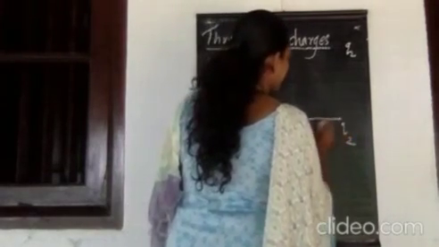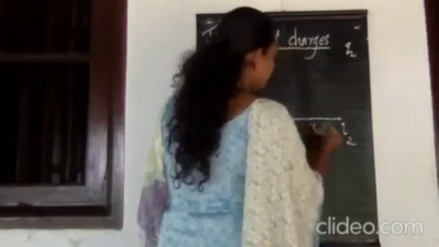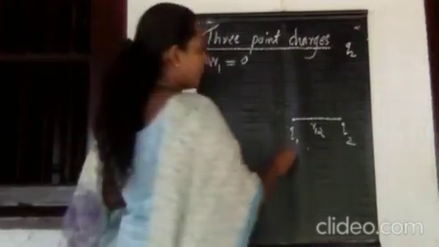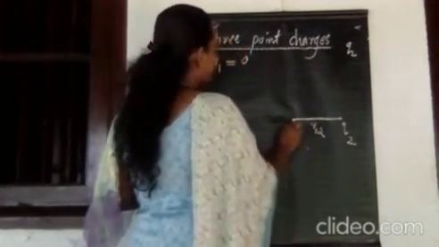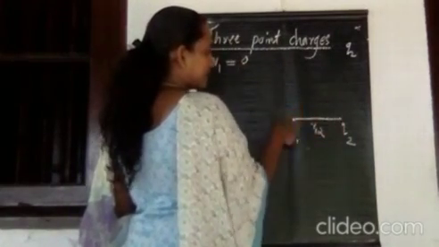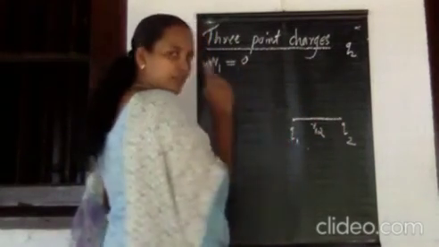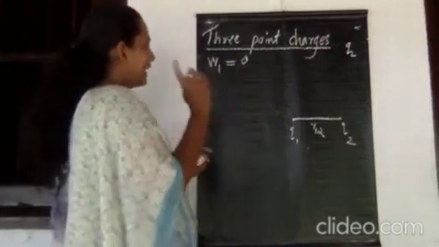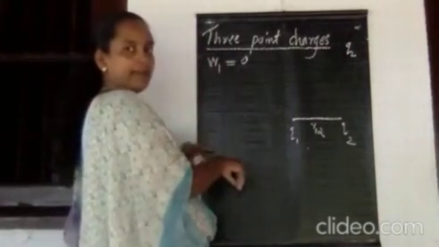First, the work done to bring the first charge is 0. But the second charge is coming in the presence of this charge Q1. Therefore, work is required, and the expression for that work done we already derived.